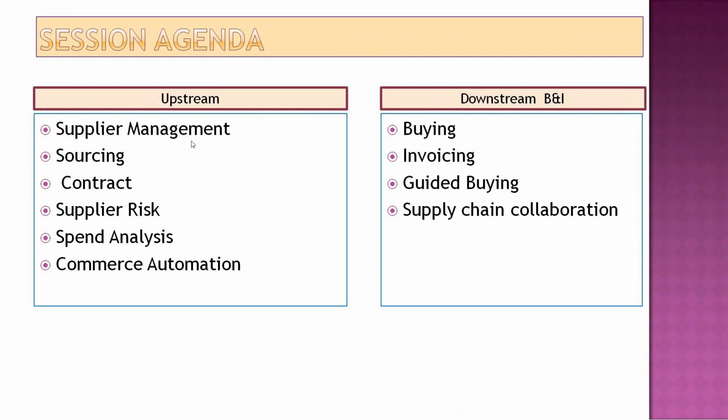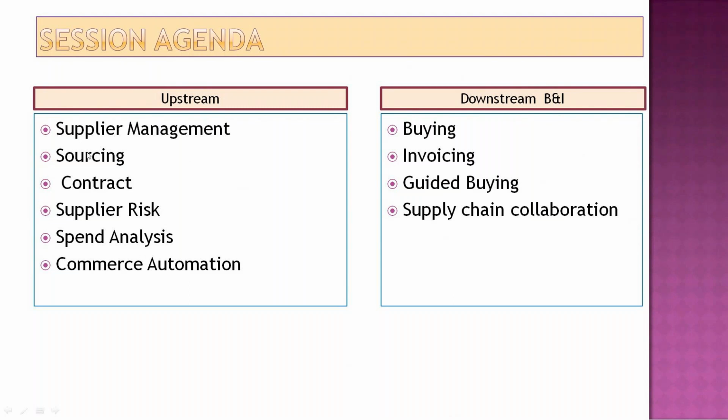Inside SLP we have many things, and we will discuss them in detail, but I wanted to show you the modules in upstream and downstream. Upstream concepts are SLP, related to supplier management, sourcing, contract, supplier risk, spend analysis, and commerce automation. So these are the individual modules, six in upstream itself.